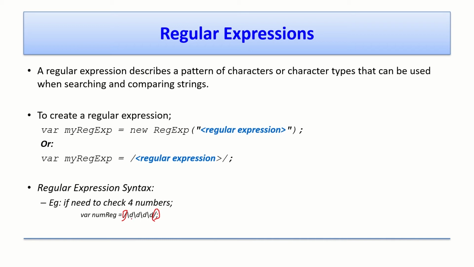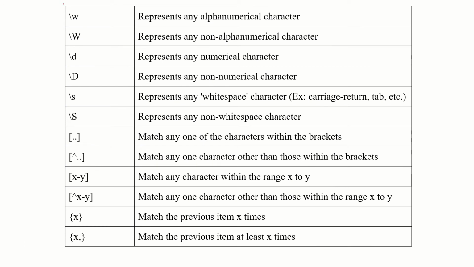If it is a number, we have to say backslash d. D means integer, right? So there are some predefined formats, and this is how we check the numbers and other symbols.